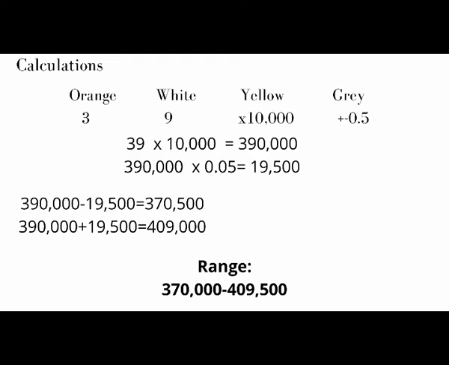So 39 multiplied by 10,000 will give us 390,000. The color in the fourth band is gray, which has a value of plus or minus 0.05 tolerance. So 390,000 multiplied by 0.05 will give us 19,500.